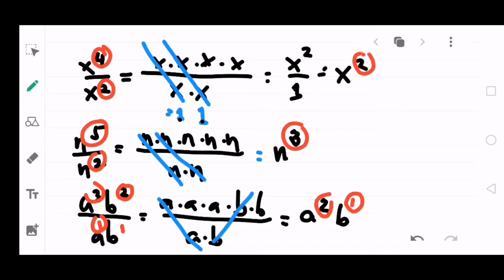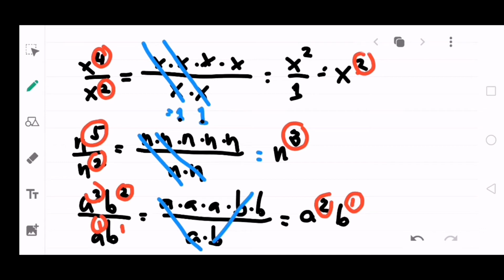So, in the first one, the exponent of the base in the numerator is 4, and the exponent of the base in the denominator is 2. So, 4 minus 2 is 2. 5 minus 2 for the second example will give us 3. 3 minus 1 for a, that will give us 2. 2 minus 1, that will give us 1.